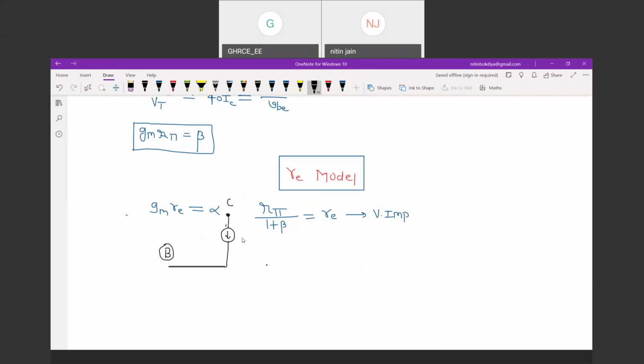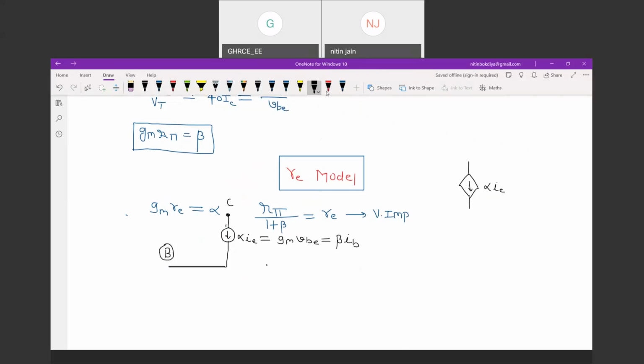The symbolic representation for a dependent source is a diamond shape. And what is the collector current? Collector current is alpha into IE, or GM into VBE, or equivalently beta into IB. You can use any of the relationships; this will not affect your analysis.